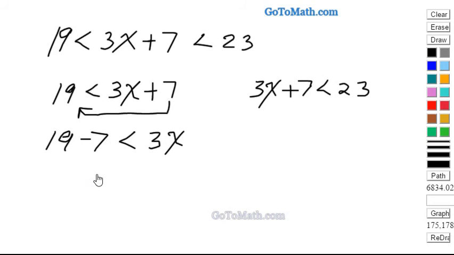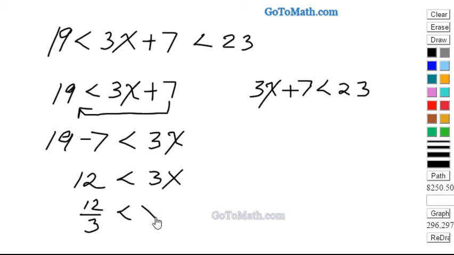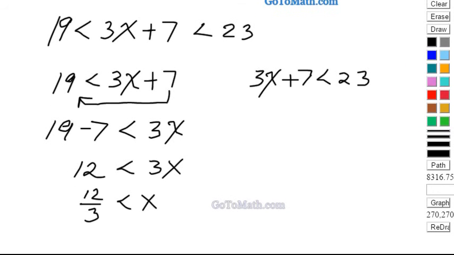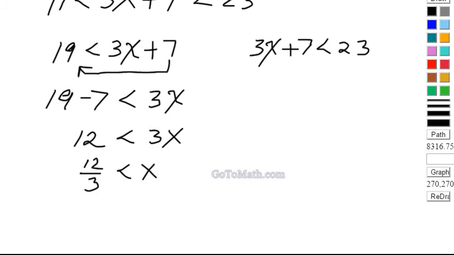Is that right? 7, 8, 9, 12. Less than 3x. We can take that diagonally down. So we have 12 over 3 is less than x. Alright. So we end up with x is greater than 4.